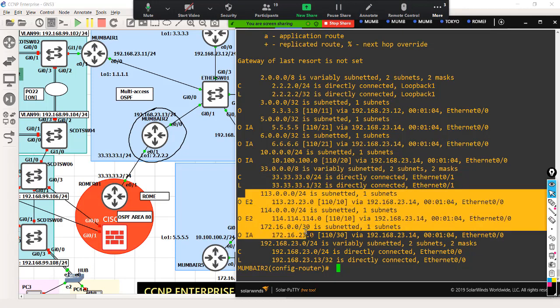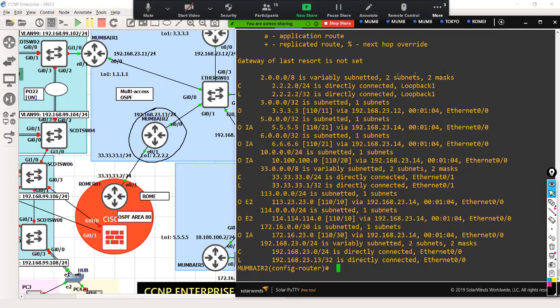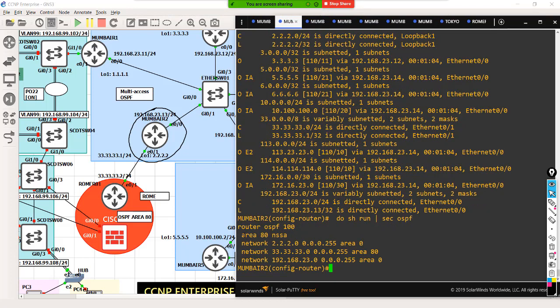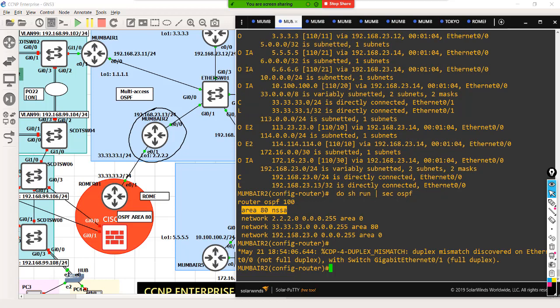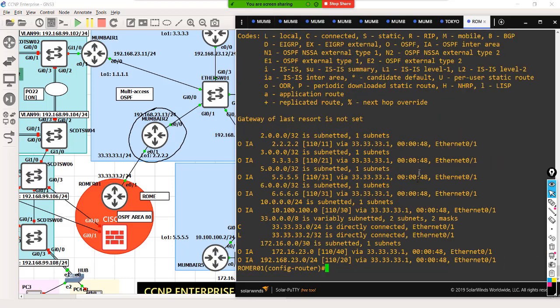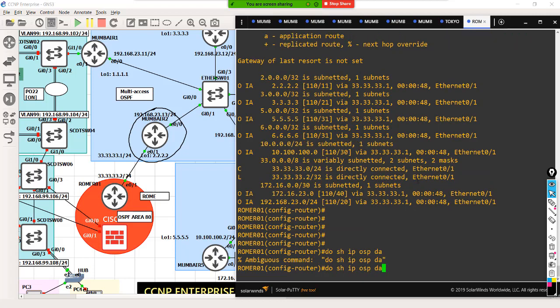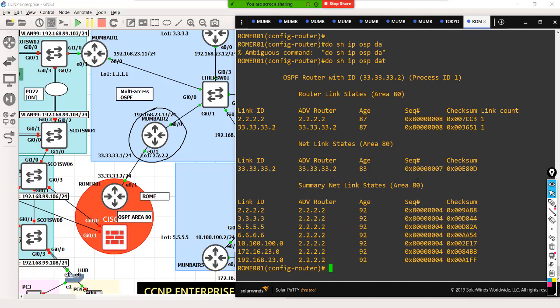Okay, so you have 113, you have 114. Do show run section ospf. Okay, so you made your area 80 not so stubby. What about our OSPF link state advertisement?